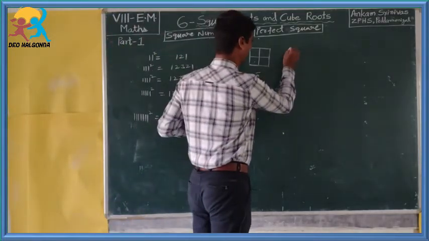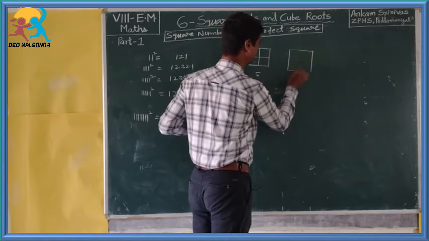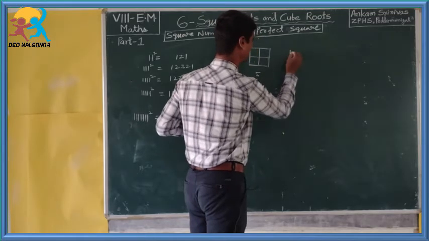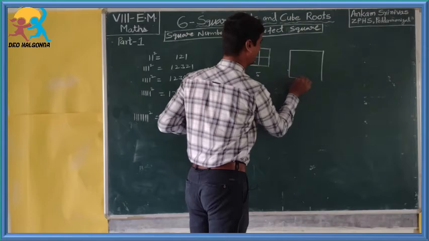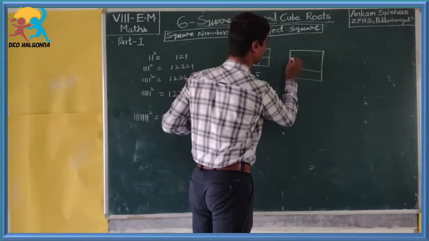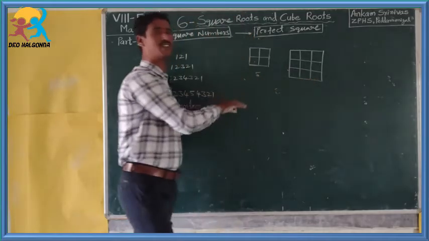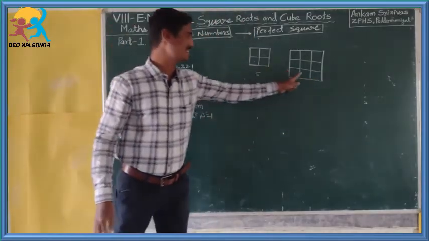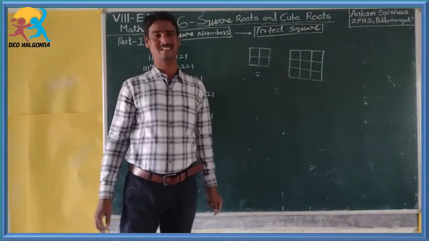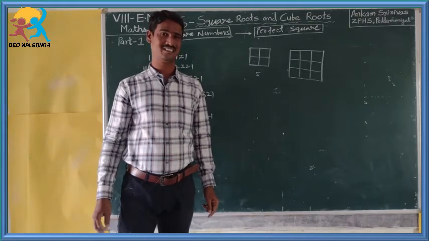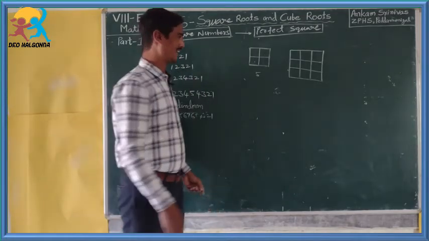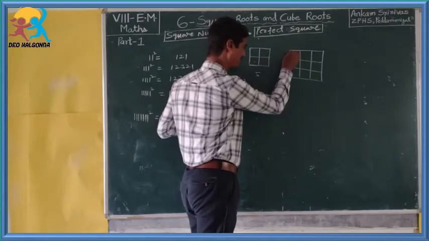Then in this, let us suppose I am taking another square. How many total squares are in this given figure? Let's you count. I am going to count here.